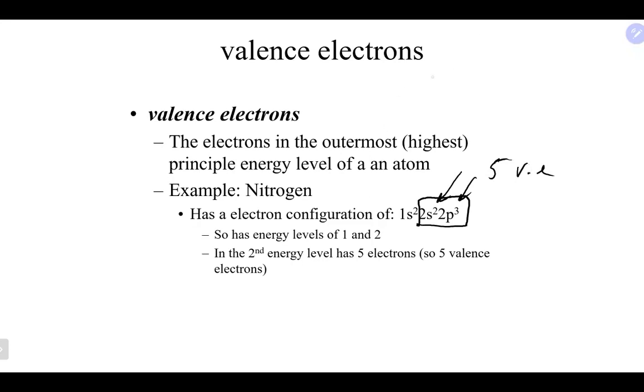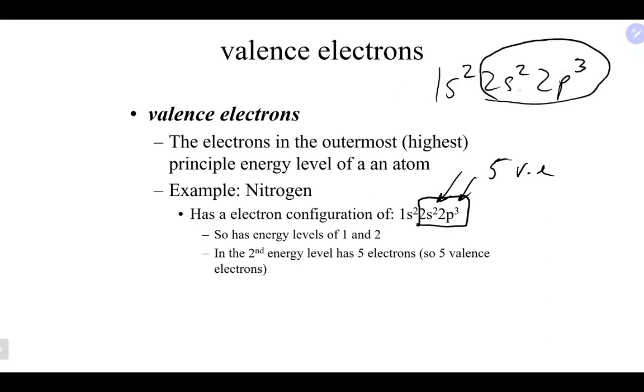The other electrons that are there are sometimes referred to as core electrons. So these would be our valence electrons, and these guys here would be our core electrons, which are closer to the nucleus and held really tightly because they're sitting next to that positive charge. They're not involved in bonding.